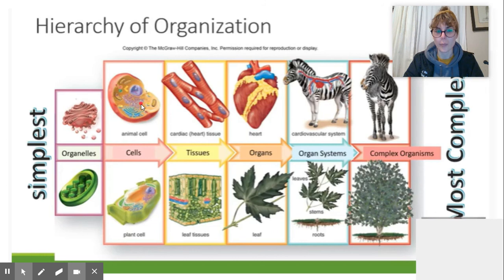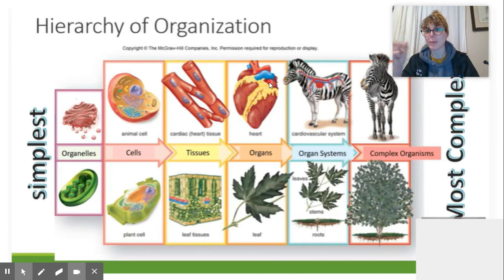And then those organelles are within a cell, a little bit more complex than an organelle by itself. Those animal cells will come together to form tissues. A group of tissues is more complex than one cell by itself. Those tissues, again, come together to build an organ.